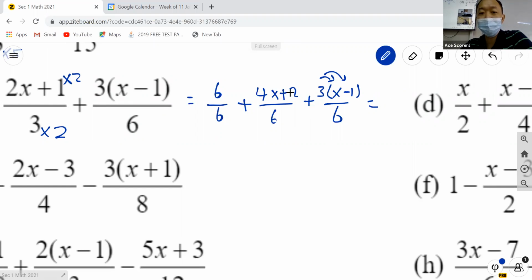Mentally you can do it already. 4x plus 3x becomes 7x. And then 6 plus 2 is 8, minus 3, 8 minus 3 is 5, plus 5 over 6. You see that? So that's how you do it effortlessly.